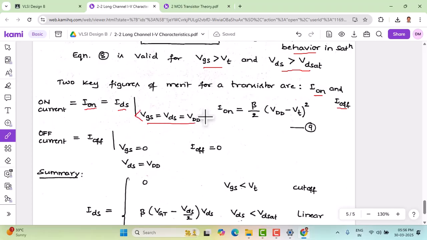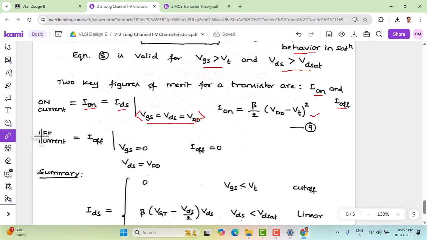When you apply voltage like this, the transistor turns on. We can show that in the saturation region, the on current is nothing but beta by 2 into (VDD minus VT) whole square. This we already derived. That is the on current flowing through the transistor.